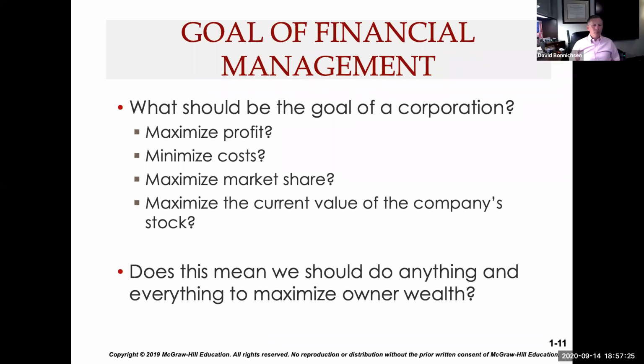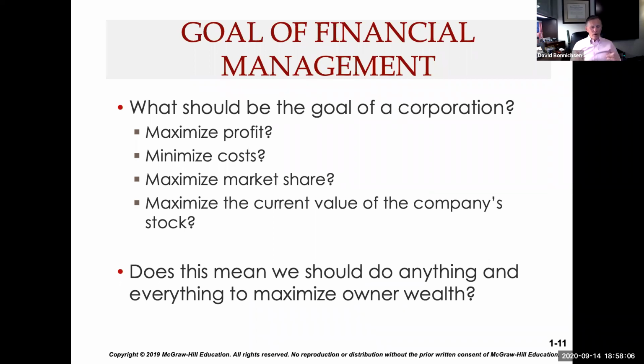Excellent observation. Because the 4th bullet point, if we believe in efficient markets, and we believe that the value of a stock is completely made up of all of the value within the firm, then it should be the goal of management to increase the value of the stock price. Because at that point, if that's one single indicator that we're doing everything we need to do right, and it's the one piece of information that all investors have access to 24 hours a day, 7 days a week.